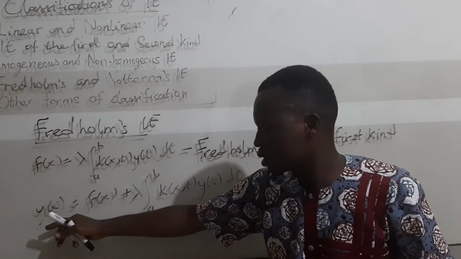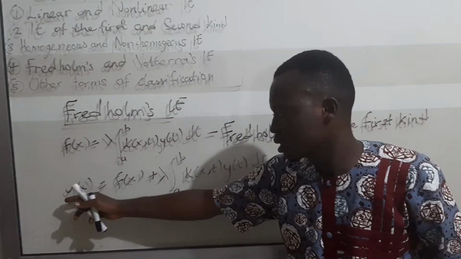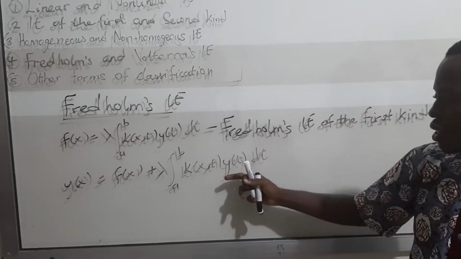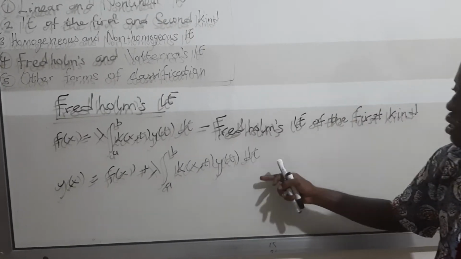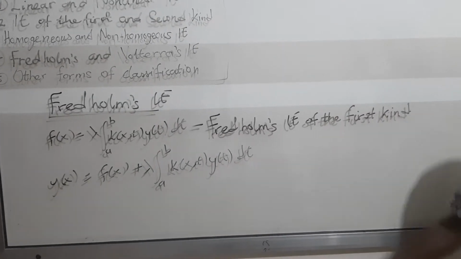And in the second equation, you can easily say the unknown function y of s is here, and also appears under another integral sign, and a and b are constant. So this becomes Fredholm's integral equation of the second kind.